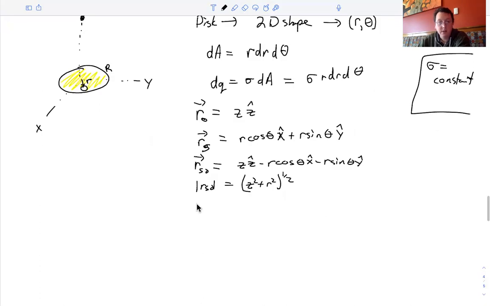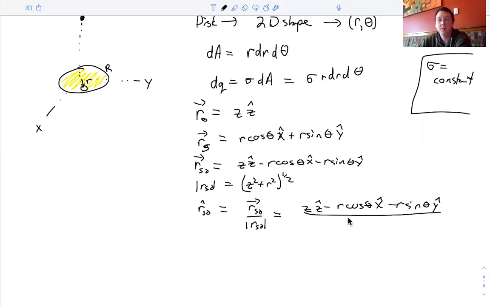And then the unit vector r_so hat is the r_so vector divided by the magnitude, which is just z hat minus r cos theta x hat minus r sine theta y hat, all divided by z squared plus r squared to the 3/2 power. Piece of cake.